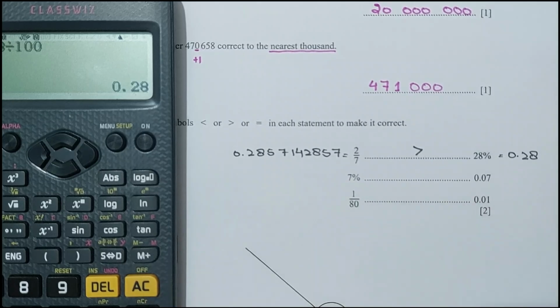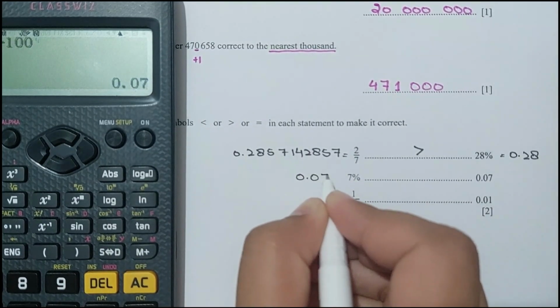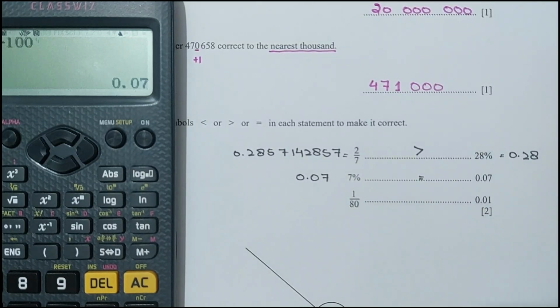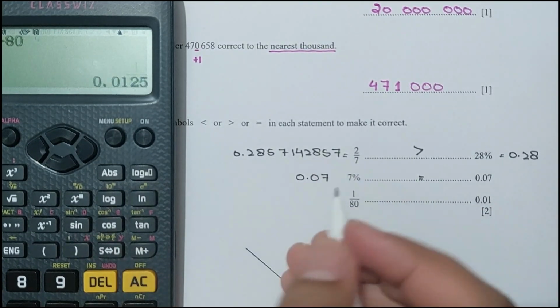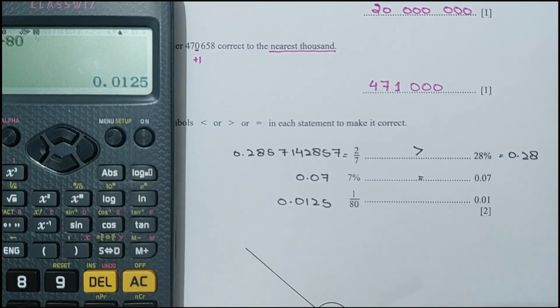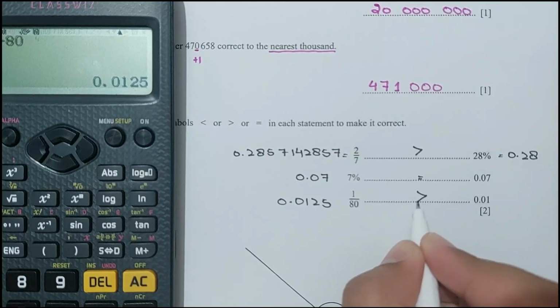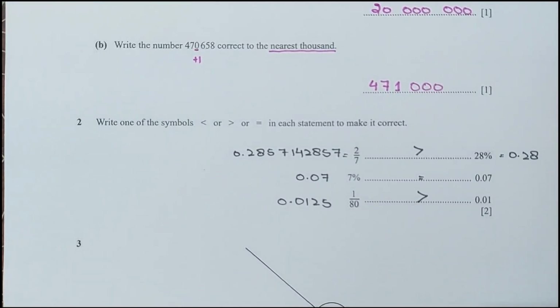Now 7% is 0.07, so 0.07 is equal to 0.07. 1 out of 80 is 0.0125, and this is greater than 0.01.